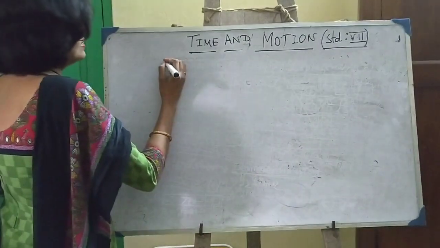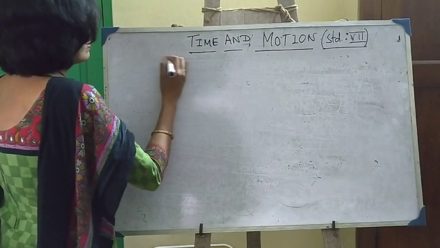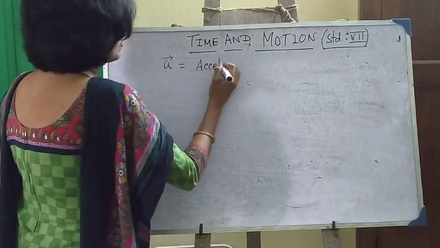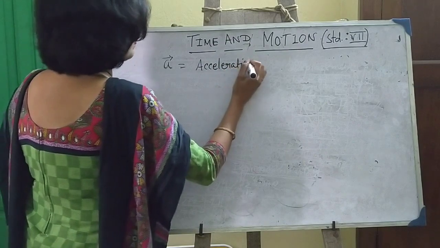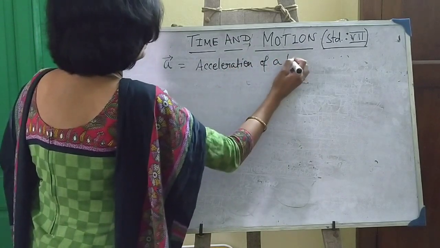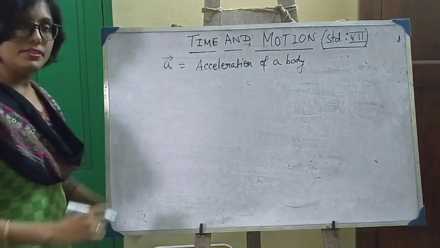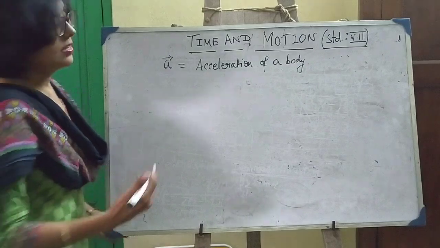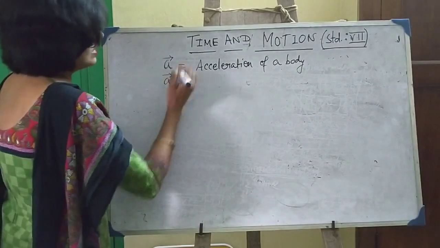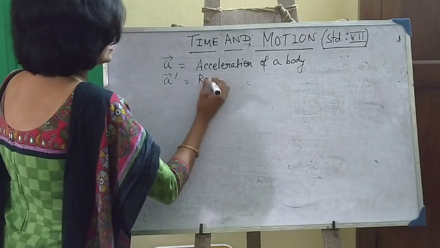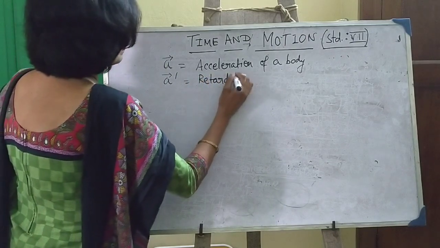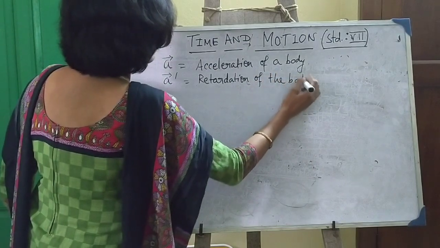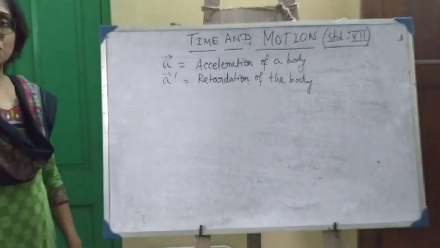So let us suppose vector A represents the acceleration of a body, meaning when the velocity of the body is increasing, and suppose A prime is the retardation of the body.